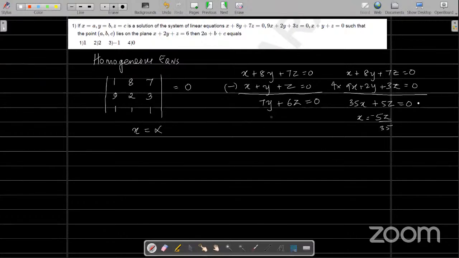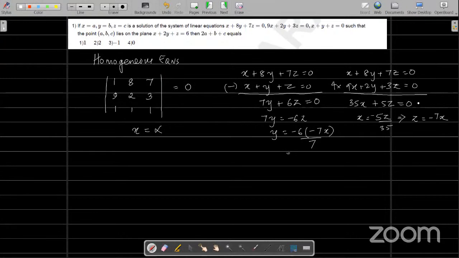Okay, and here I can write 7y equal to minus 6z, or if I were to rewrite it as this, z equal to minus 7x. Okay, so the same way if I write it here, y is equal to minus 6 into minus 7x by 7.